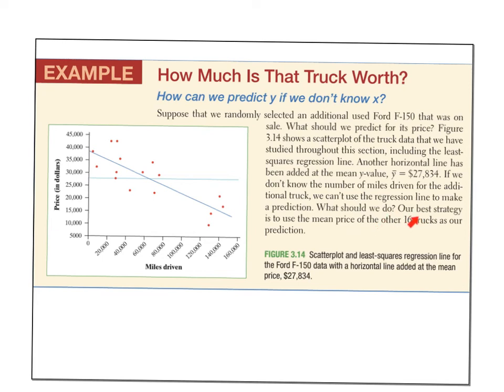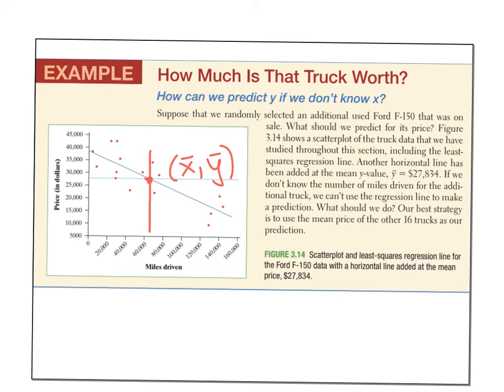Well, probably what most people would do is they say, well, what is the average price the truck is selling for? This y value. Interestingly, if we did the x value, there'd be a vertical line right here, and the point x bar, y bar always falls on your regression line.